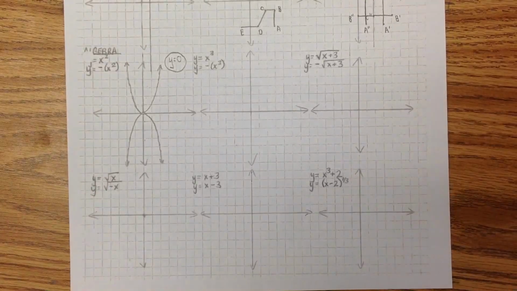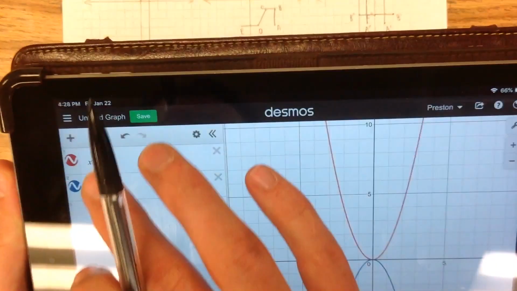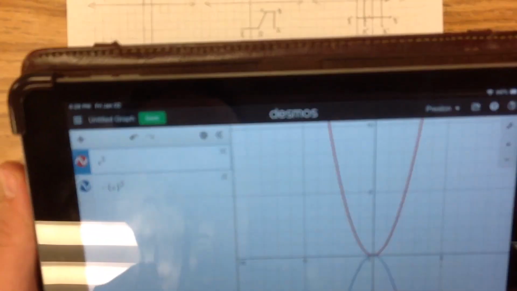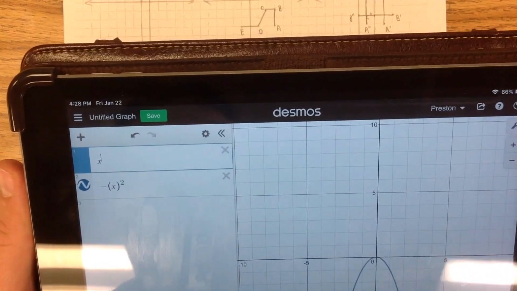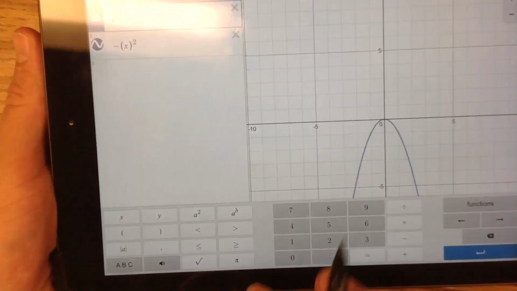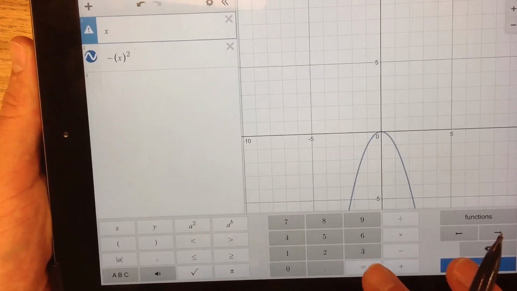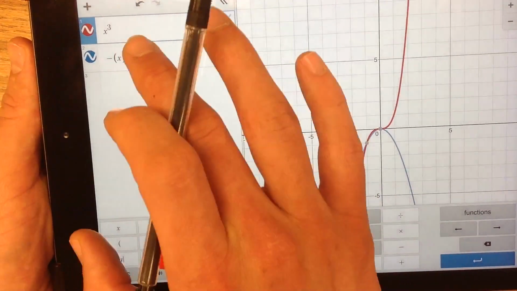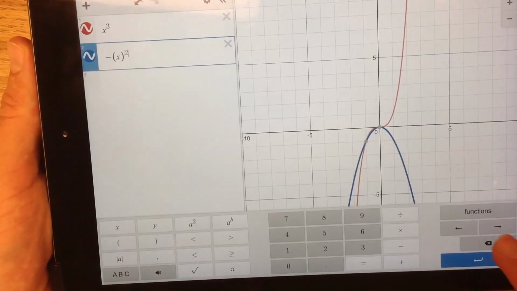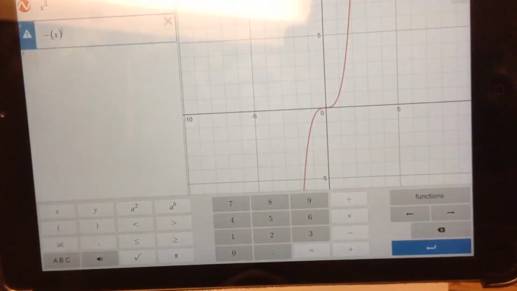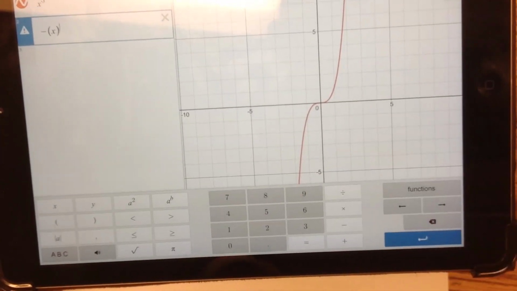Okay, so next one, x cubed and negative x cubed. So x, and then you hit this button, so it's x to the third power. Do the same thing here, just backspace on that using this button.